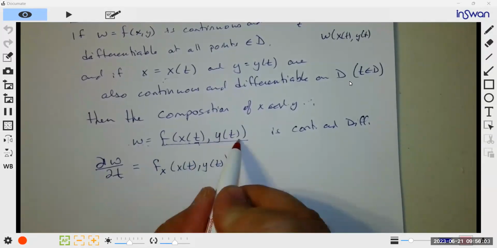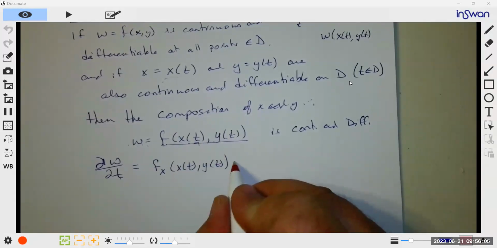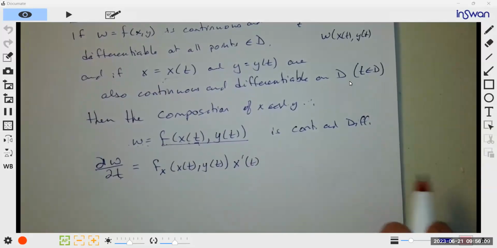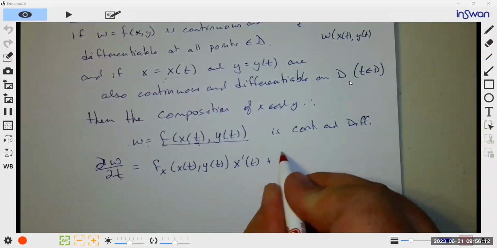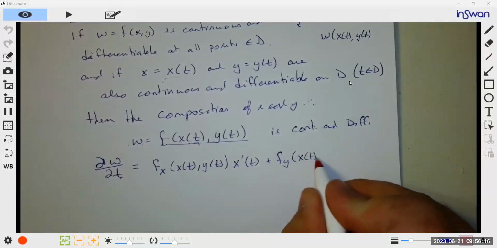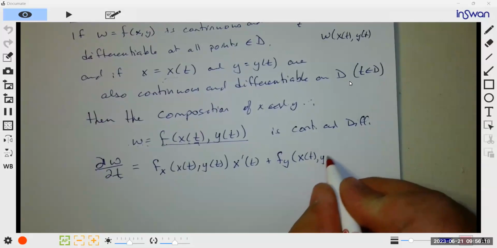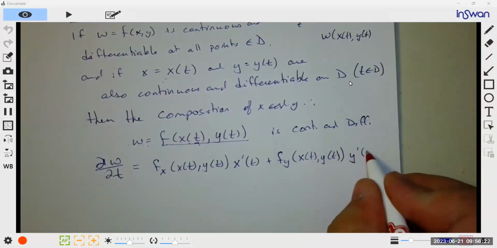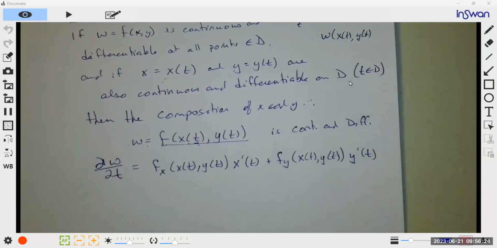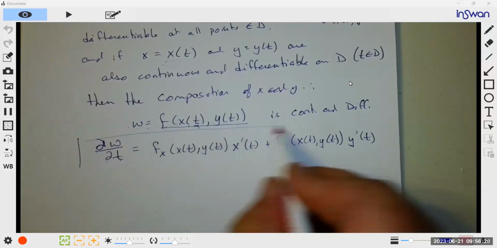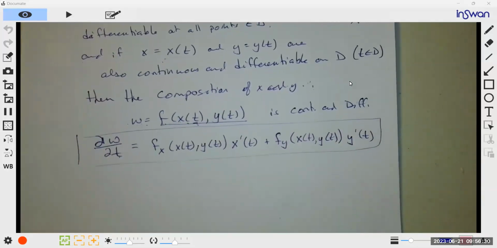Since we took the derivative of the outside, now we take the derivative of the inside, the derivative of x of t. We'll do the same thing with the y: take the derivative of the overall function times the derivative of the subfunction with respect to y. So that is how the chain rule works.